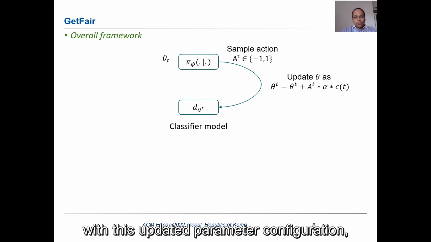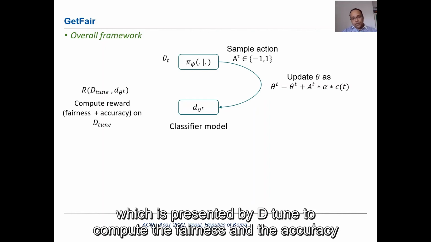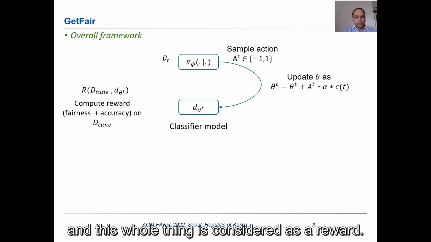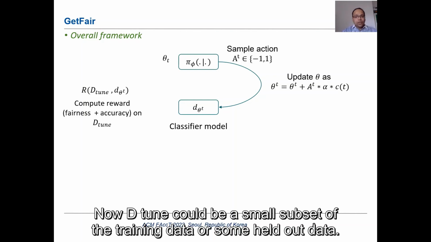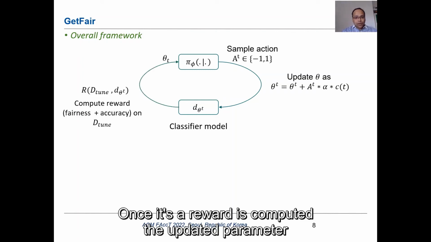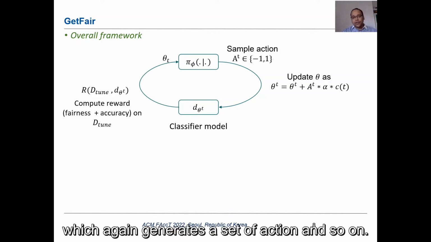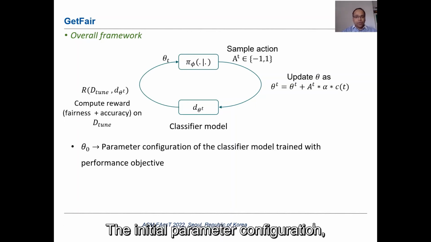Now with this updated parameter configuration, the classifier model is deployed on this tuning dataset, which is represented by dtune, to compute the fairness and the accuracy, and this whole thing is considered as the reward. Now this dtune could be a small subset of the training data or some held out dataset. Once this reward is computed, the updated parameter configuration is again passed on to the policy, which again generates a set of actions and so on.